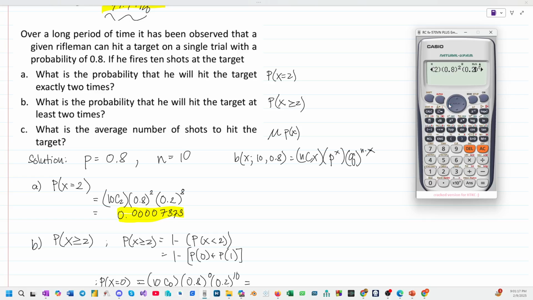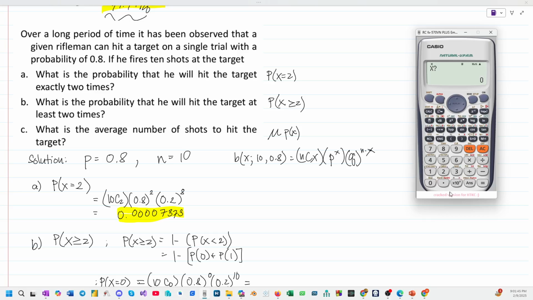Tapos ito raise natin sa x. Solve natin. Calculate.